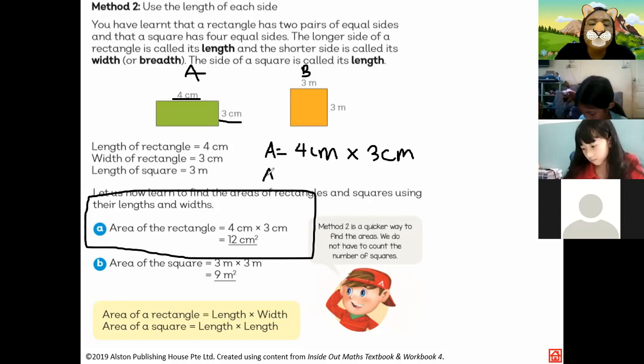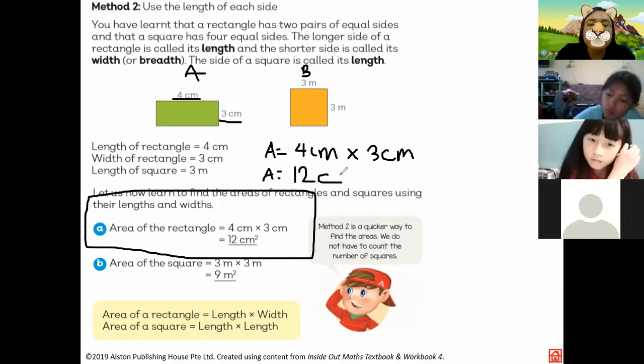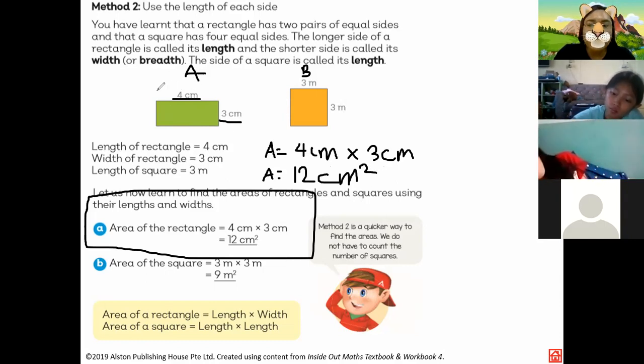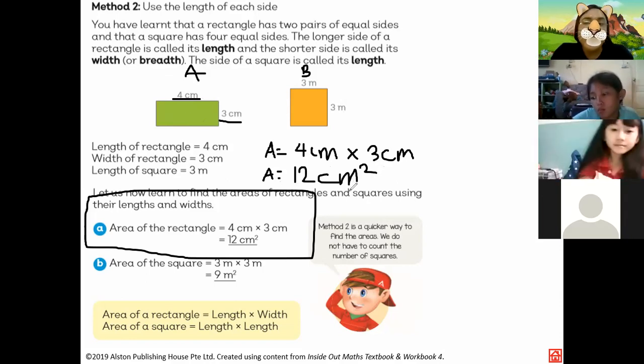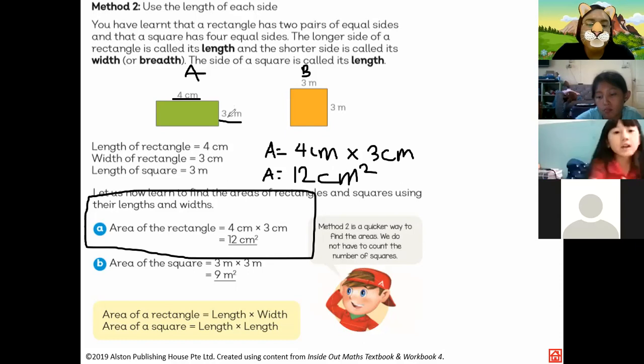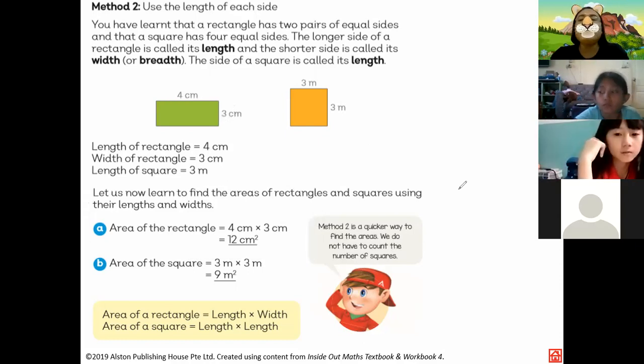So the area of this shape is 12 centimeters squared. You just have to multiply 4 centimeters by 3 centimeters. All right, I will give you an example.